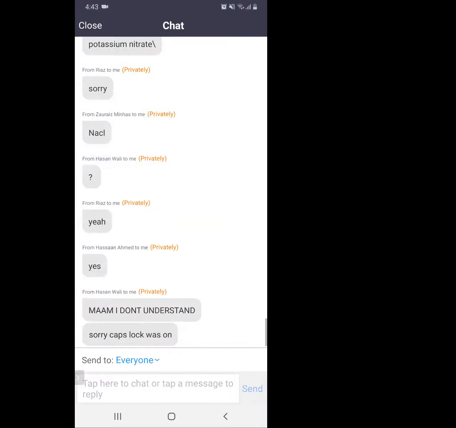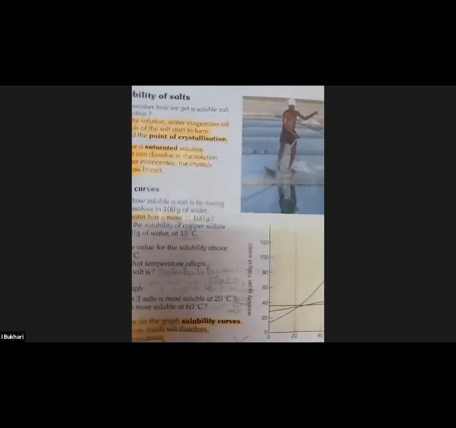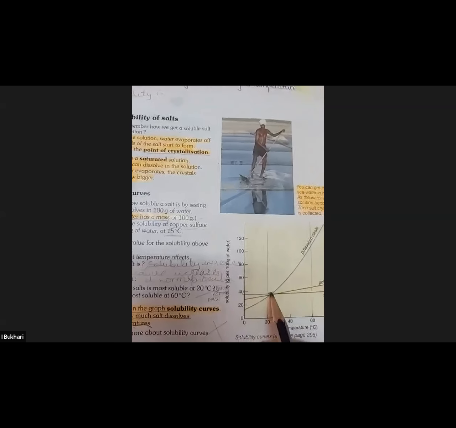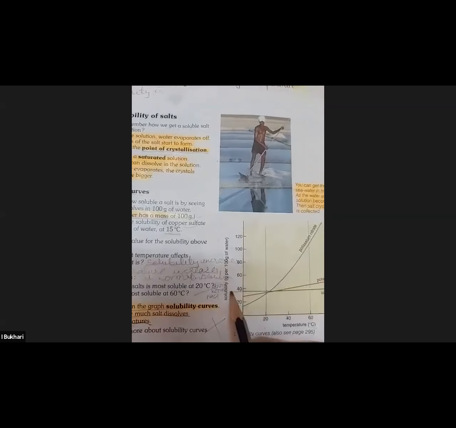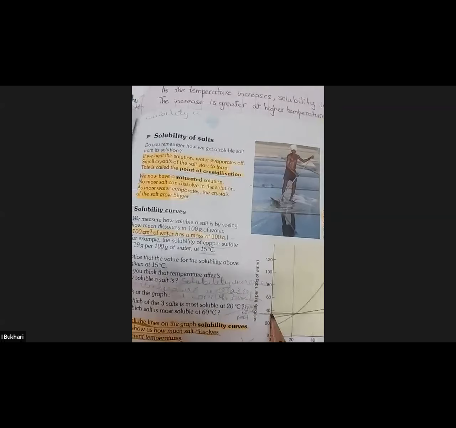Okay, if you cannot understand, then I will use my video. Okay, so here, this is the mass that is dissolving for sodium chloride. Mass for potassium nitrate, sorry, potassium chloride is this. Can you see it is below? It is below sodium chloride.